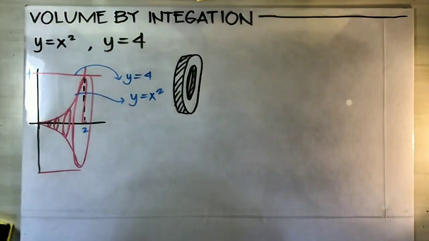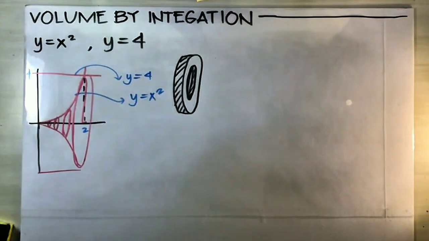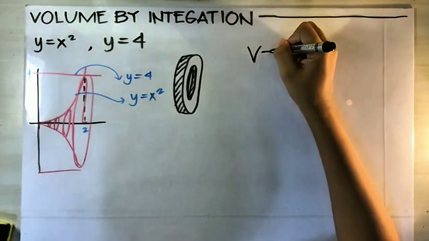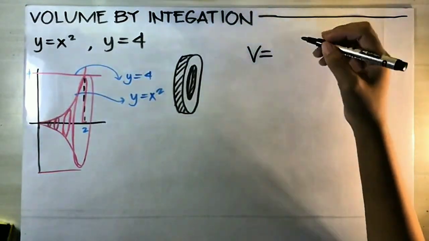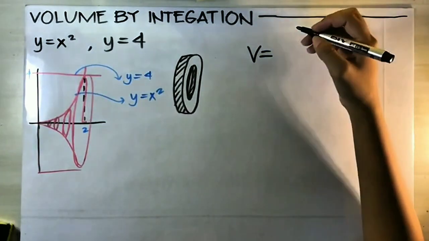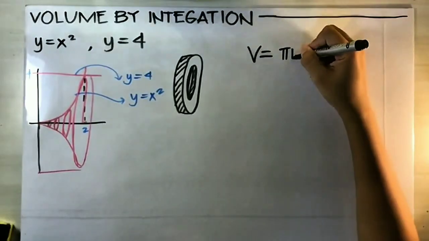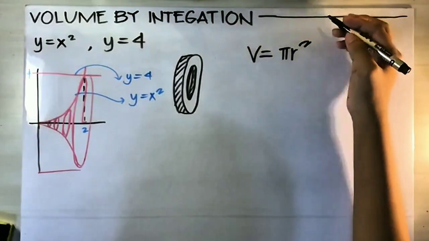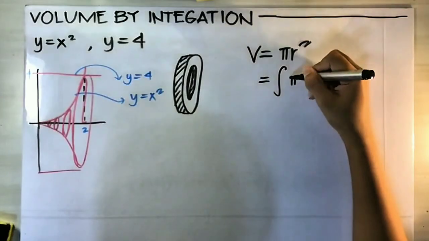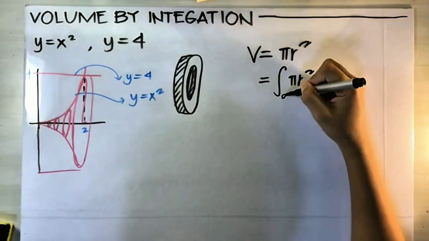So what is our formula for volume? So we know that the volume is equal to, for the volume of a circle, pi r squared. But since we use integration, we will integrate this pi r squared from a to b.